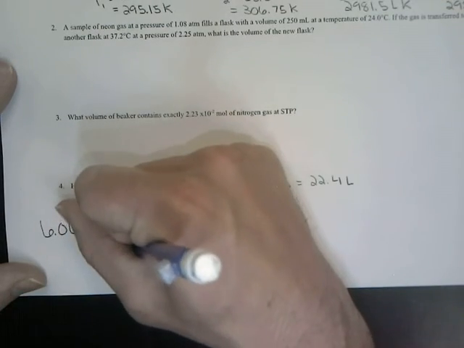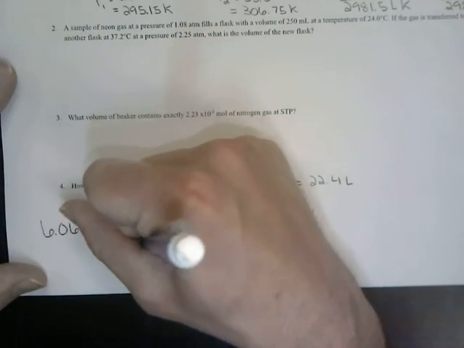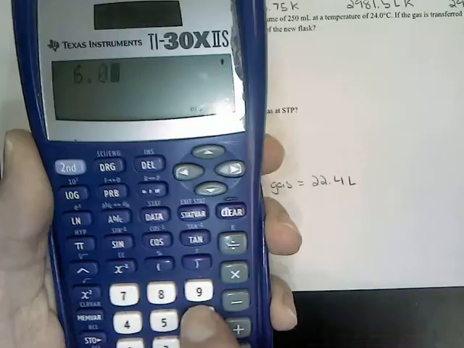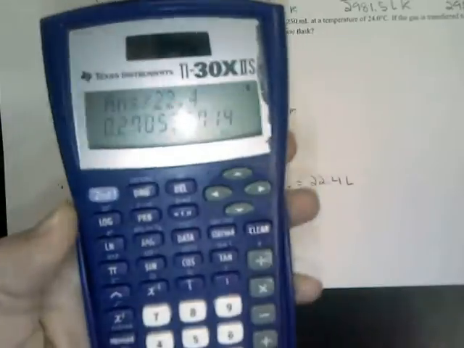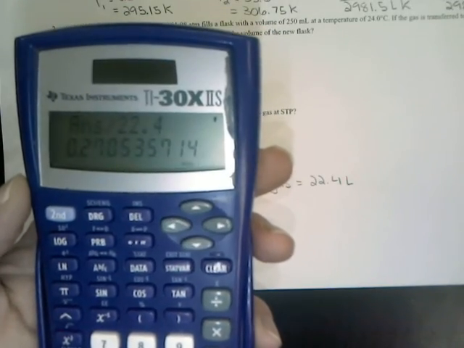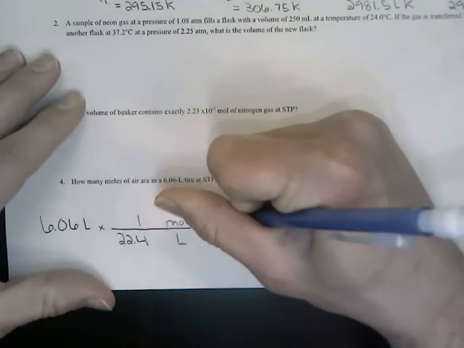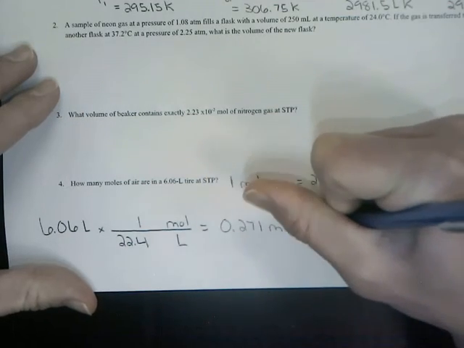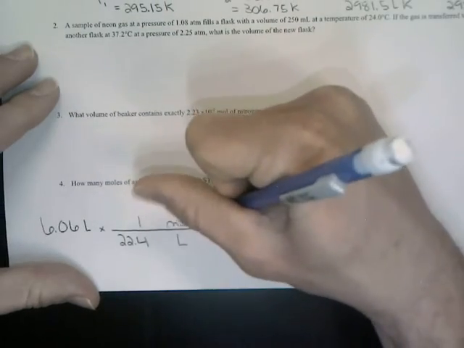So all we need to do here is take 6.06 times 1 divided by 22.4, and we get a value to 3 significant digits of 0.271 moles of gas. And that would become our answer.